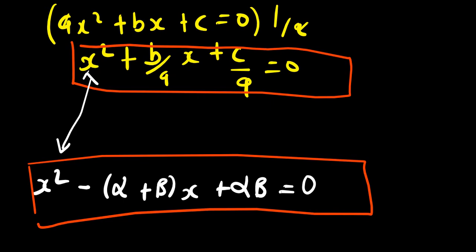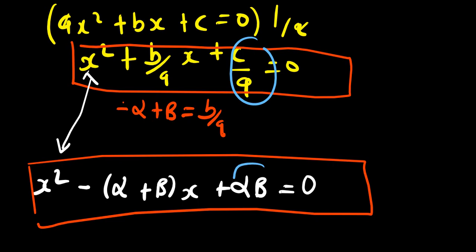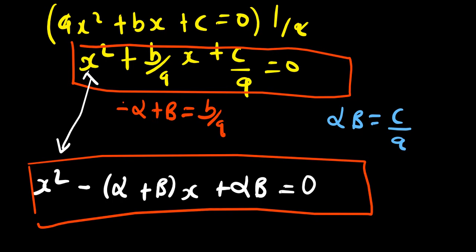We are going to say negative alpha plus beta will just be the same as b over a. Then you're also able to see, if we compare the constants, c over a is just the same as alpha beta. We're also going to equate those ones. So you have alpha beta is just equal to c over a.